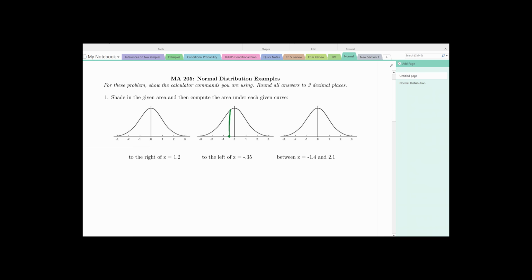So that is your z-score, negative 0.35. Okay, so that means I need to find the area over here to the left of the z-score, and I can take a look at it and say, okay, well, it's going to be definitely smaller than 1/2 because this piece is smaller than exactly half of the distribution. So how do I do that?